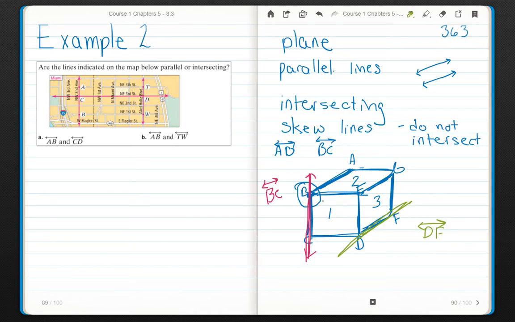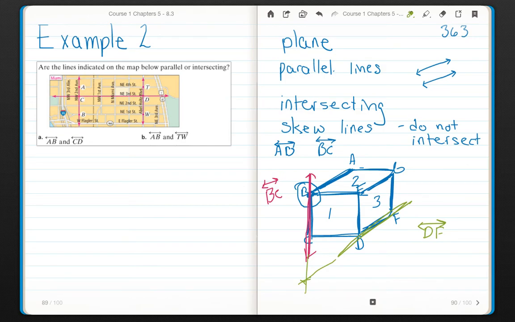These lie in different planes, okay? BC and DF, even though they look like they're going to intersect down here, because they lie in different planes, they are actually never going to intersect. So use that Kleenex box and play with it, okay? And see how the two lines, even though on paper they look like they'll intersect, never actually will.